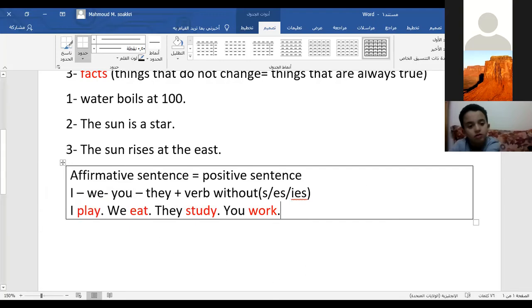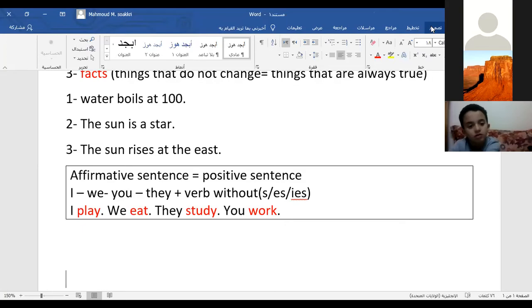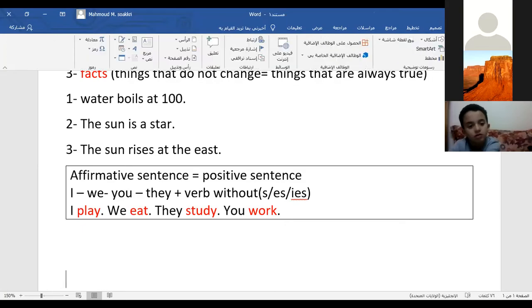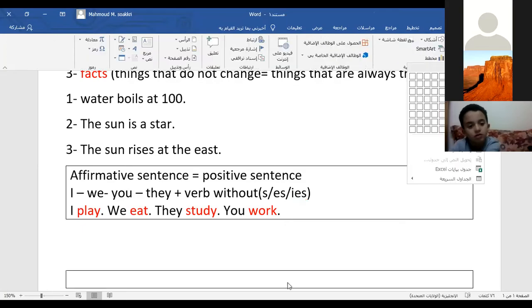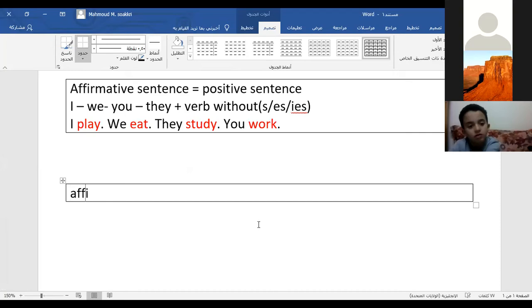Let's move to the next part. What about affirmative sentence or positive sentence with he, she, and it?